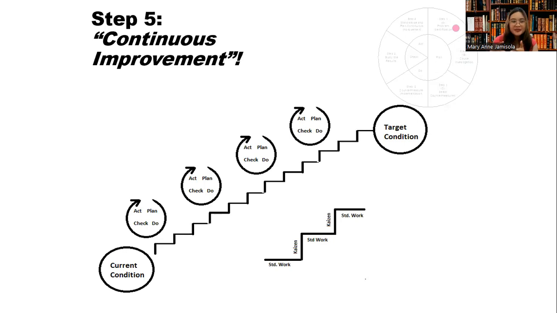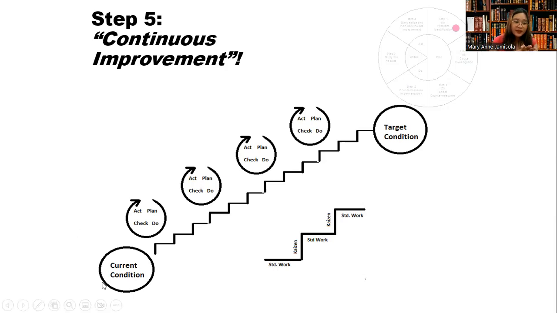So this shows that the concept of PDCA is also a branch of TQM, like your Six Sigma, like your benchmarking, which are mere branches of TQM, TQM being the broader concept. PDCA is also one of them, one of the branches of TQM. So this is a hidden step for your PDCA, and that is to continuously strive for improvement.